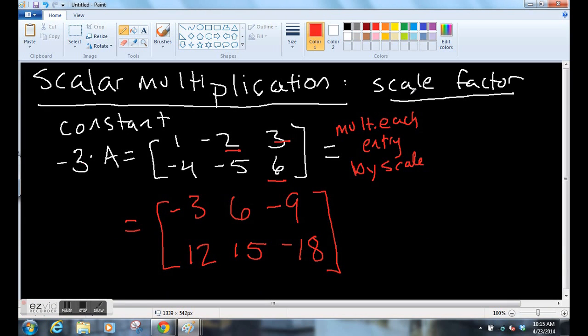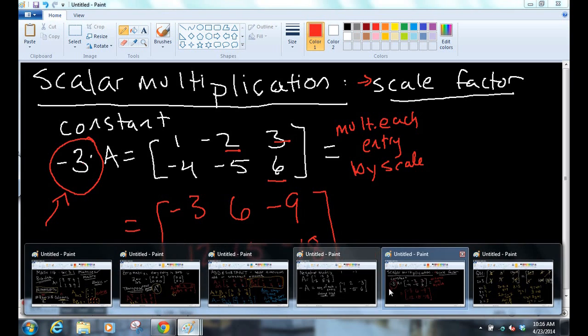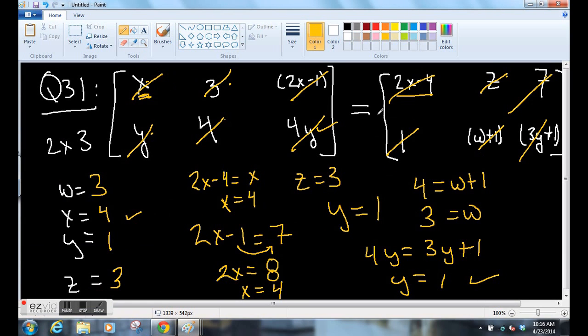You can do scalar multiplication, and you can start a reality show called Scale Factor. And then you can do the scalar multiplication by multiplying each element by whatever this constant is. And finally, if you have two matrices that are equal to each other and you have variables in the elements, then you can use the fact that the two matrices are equal to find the variables.